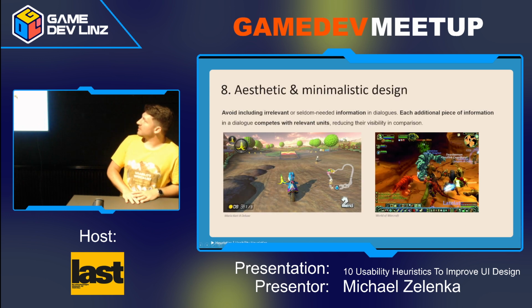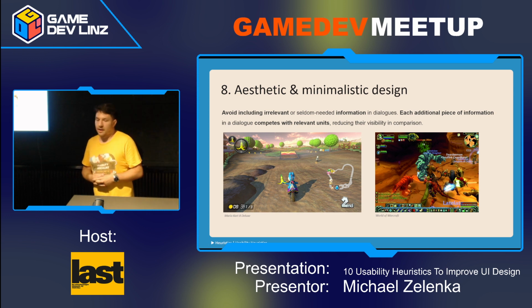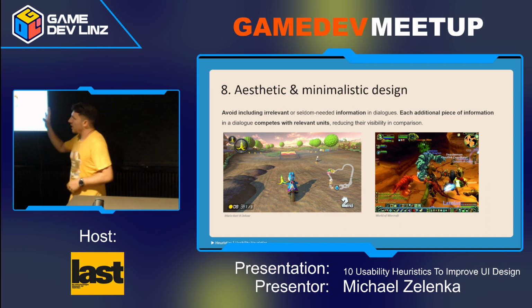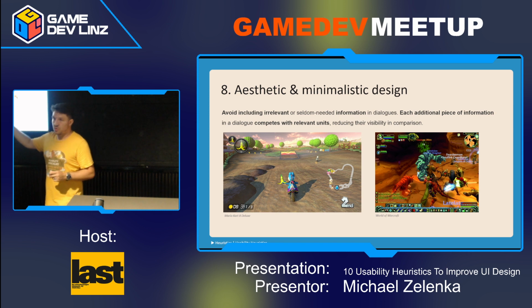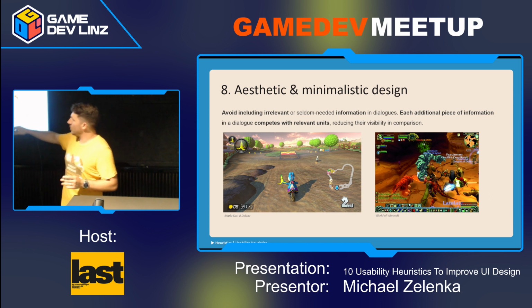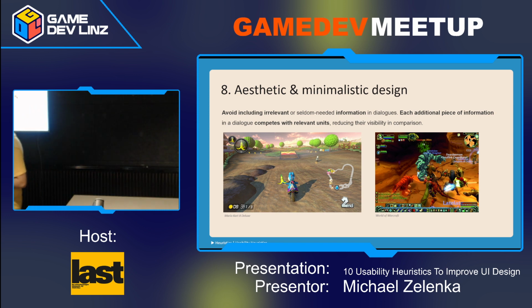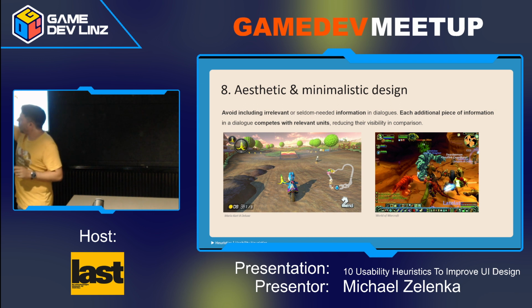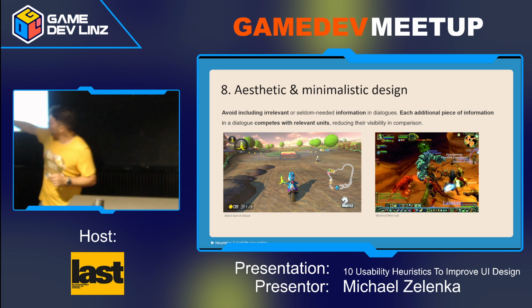Number 8, aesthetics and minimalistic design. This headline says everything. On the left side, you see Mario Kart, where you have all the information you need for this game. You see in the bottom corner the place, you see a little map, and on the map where you are and where your opponents are.